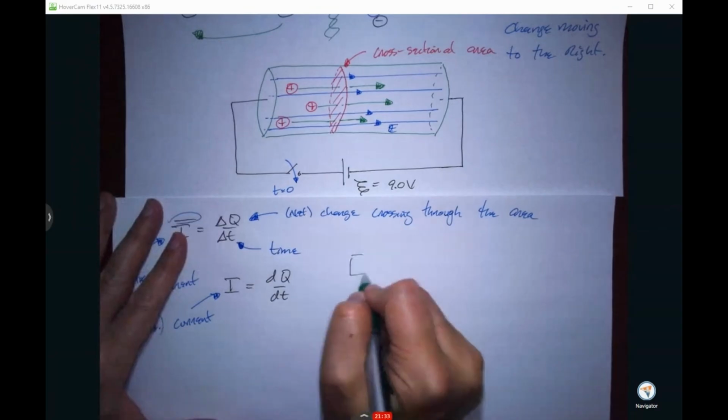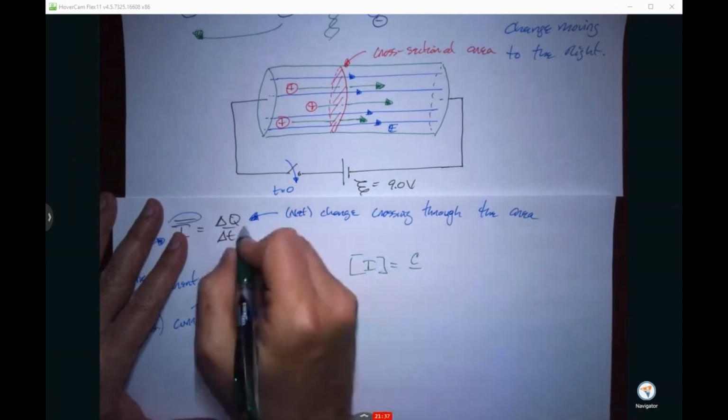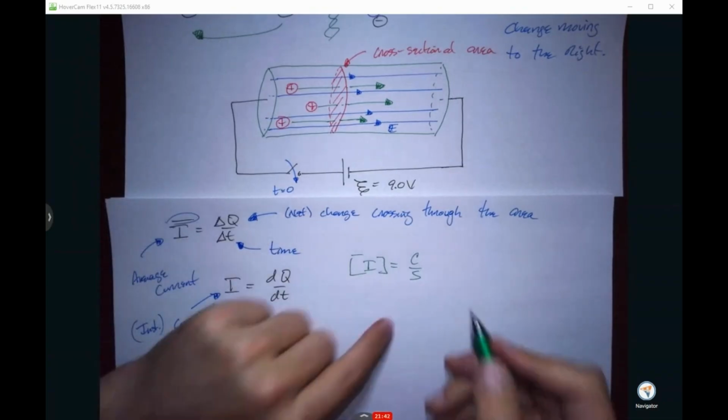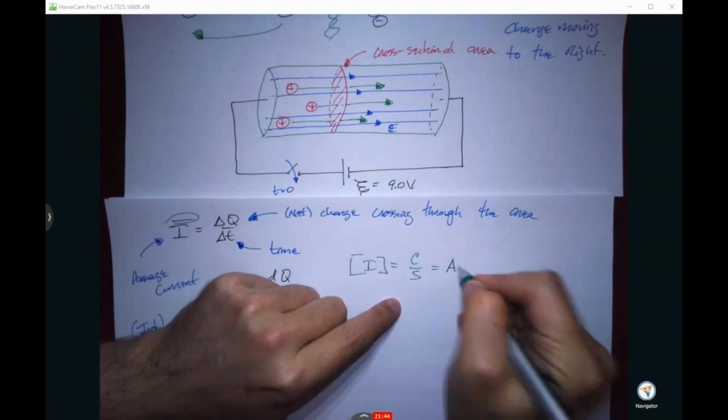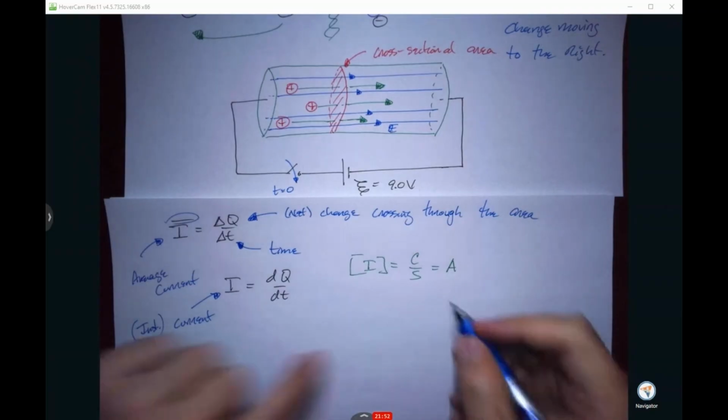And then if we look at our units for the current, those are the units of charge, which are in coulombs, over the units of time, which are in seconds. This is kind of an interesting little point: this combination is an ampere, but that's not really quite correct.